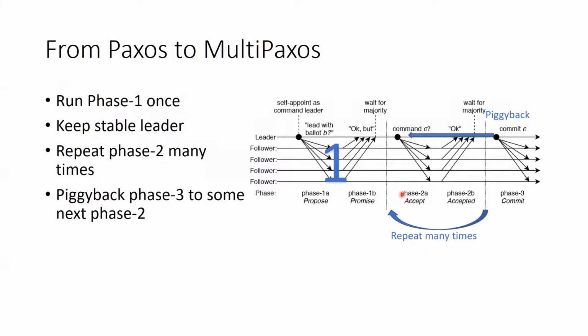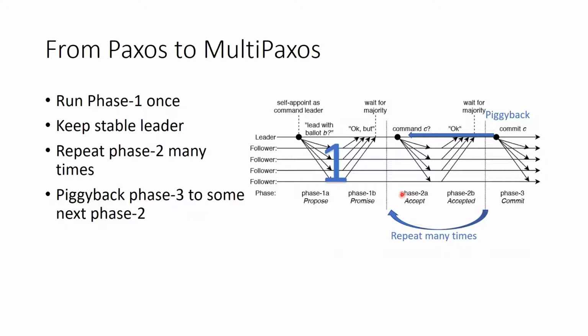Now, of course, this is very chatty, so Paxos on its own is not really used often. For one, having to repeat phase 1 all the time essentially doubles the cost of the protocol. So instead of electing a new leader for every single new command, MultiPaxos, the most common optimization to Paxos, elects a single stable leader.